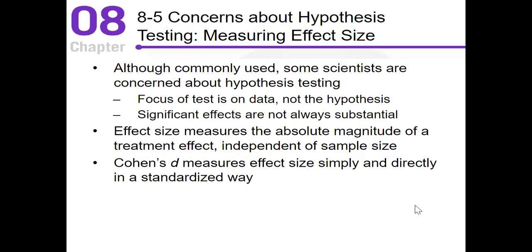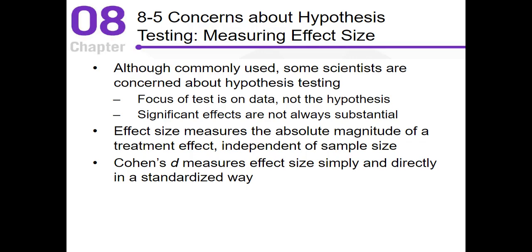So when it comes to hypothesis testing and we're looking at effect size, some scientists are concerned about hypothesis testing when the focus of the test is on data and not the hypothesis. Significant effects are not always substantial. So those effect size measures are going to look at the absolute magnitude of the treatment effect and the independent nature of the sample size.